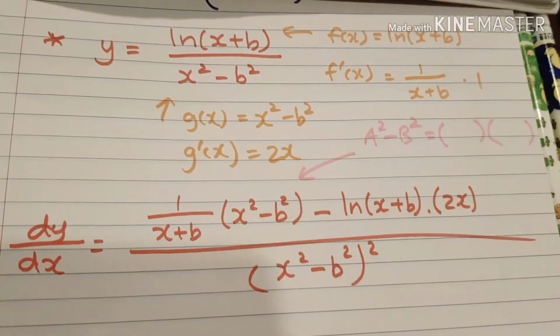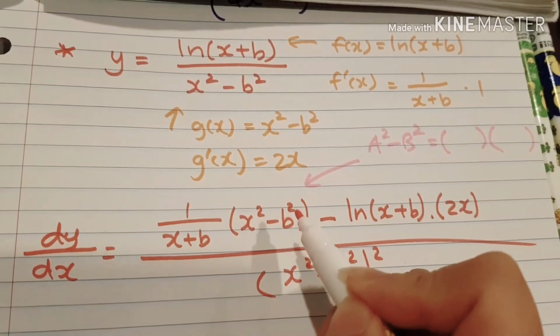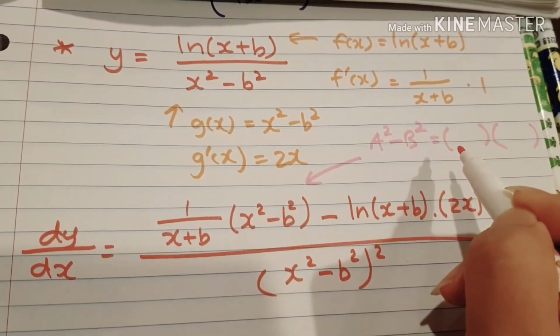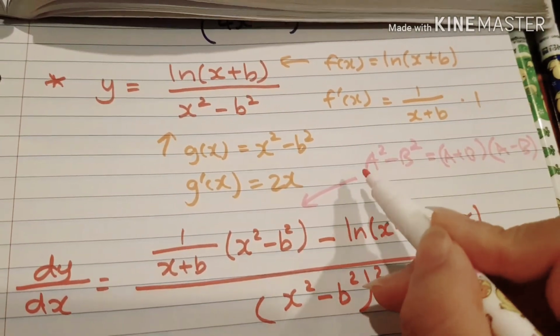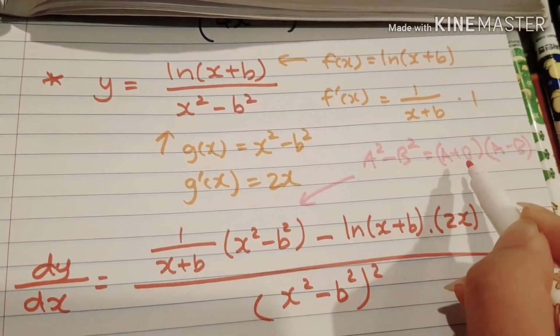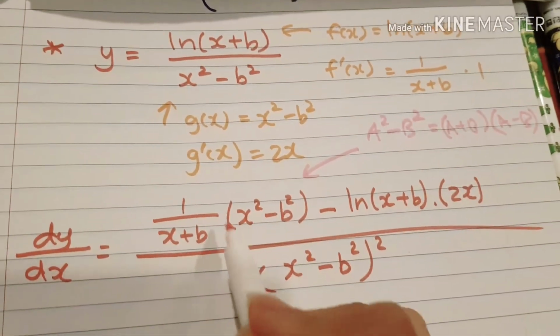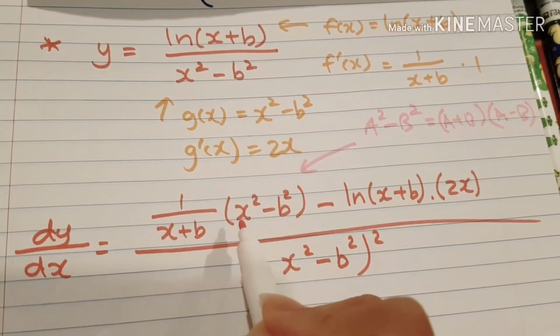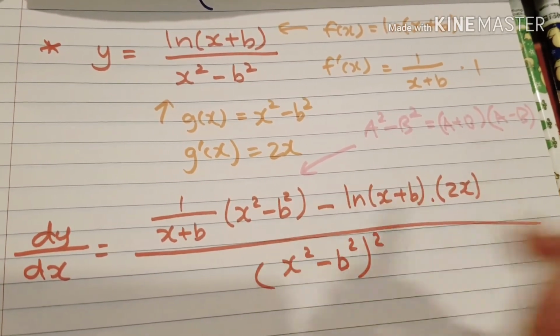Remember this rule? Okay, this one, a squared minus b squared. How could we change it? If it's a and b, it's going to be a plus b and a minus b, correct? So this one, it will be x plus b, x minus b.